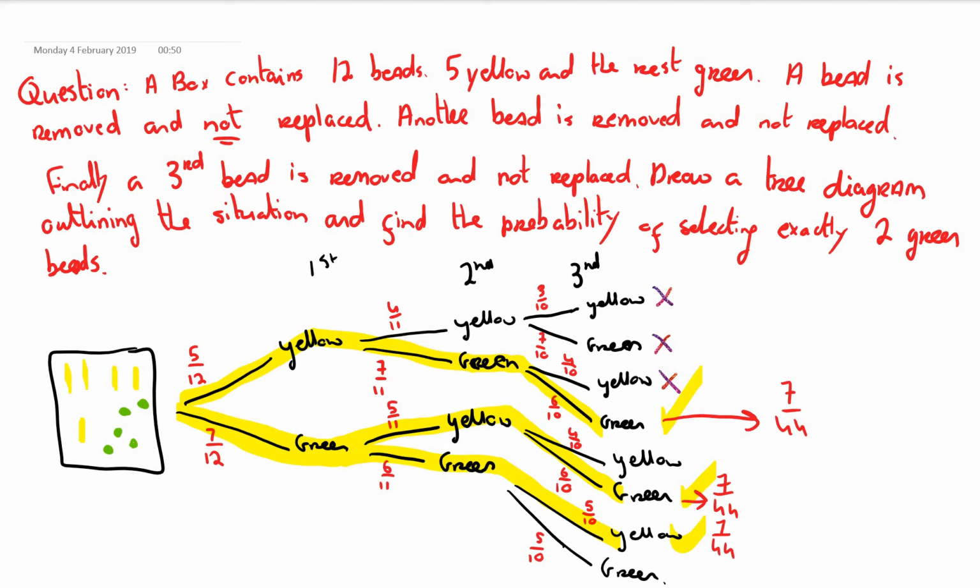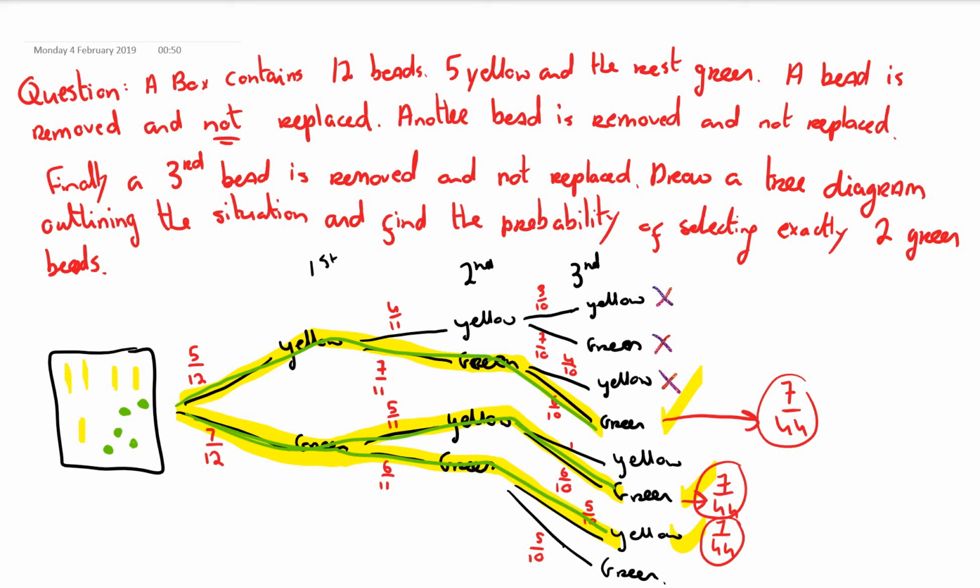So let's think about this then. I could get a yellow and a green and a green. I could get a green, a yellow and a green, and I could get a green and a yellow. And if I get any of those 3, then I will get exactly 2 green. So think about it. I could get this, or this, or this.